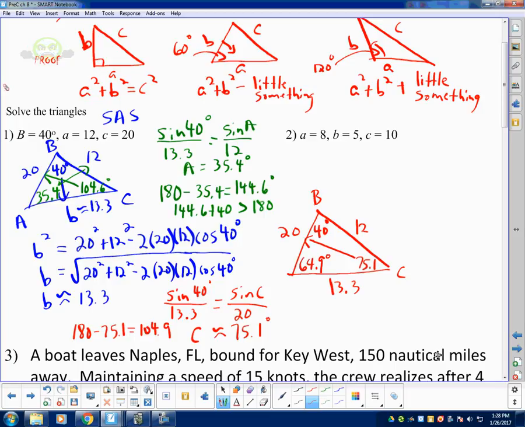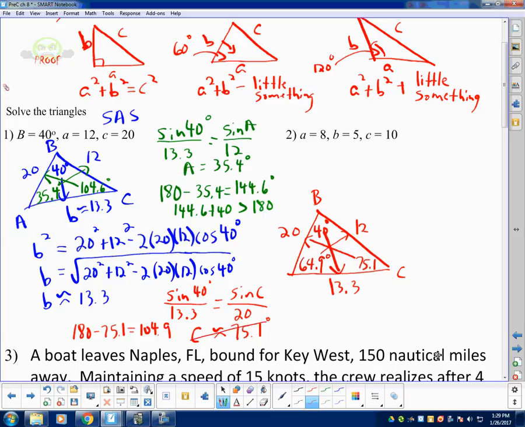We're okay there. But then we have a 64.9 opposite the smallest side, when in fact the 40-degree angle is the smallest angle. So in observing this triangle, we see that 75.1 for C is not going to work. And so C cannot equal 75.1.